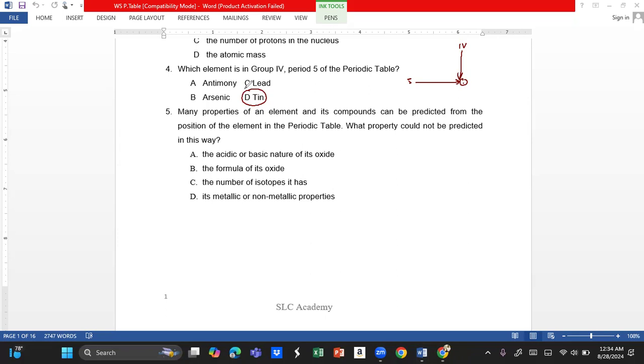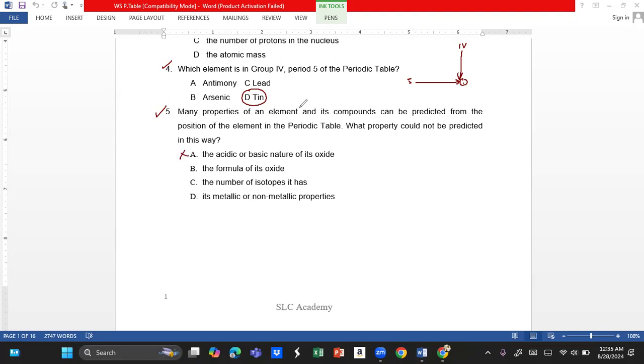If you understand it, question number 5. Many properties of an element and its compounds can be predicted from the position of the element in the periodic table. Which property could not be predicted in this way? The acidic and basic nature of its oxides. We know metals are basic in nature, non-metals are acidic in nature, so this option is not working here.